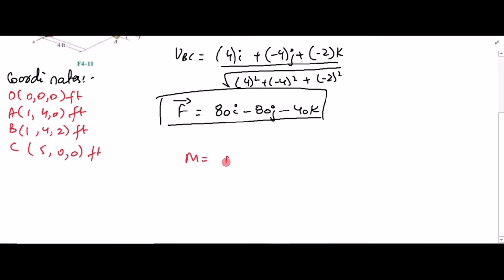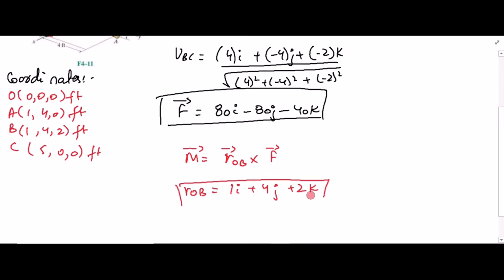So if we consider M is equal to R_OB cross force F, and R_OB is equal to the coordinates of point B minus the coordinates of point O. So it is 1i plus 4j plus 2k. This is R_OB, and the force in Cartesian vector form is also written here.